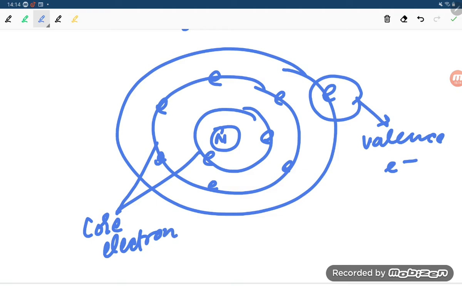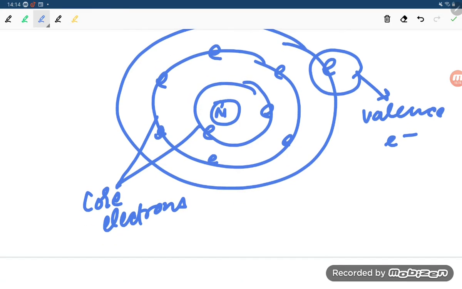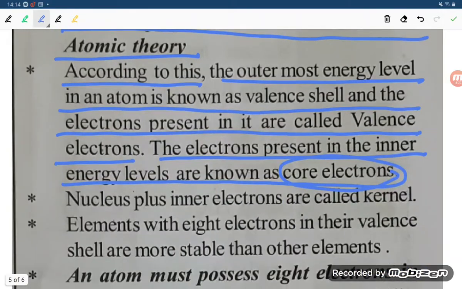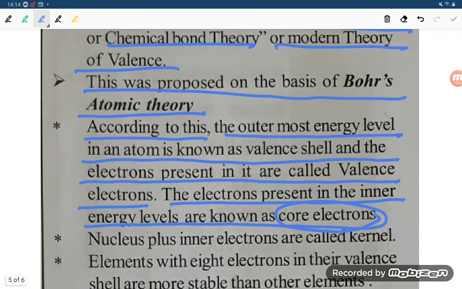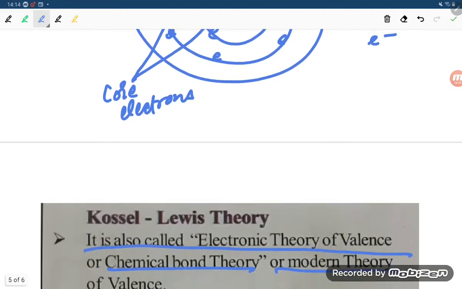Again you can read out the point, student. According to this, the outermost energy level in an atom is known as the valence shell, and the electrons present in it are called valence electrons. So the outermost valence shell electron is known as what? Valence electron. The electrons present in the inner energy levels are known as core electrons. So that I mentioned here.